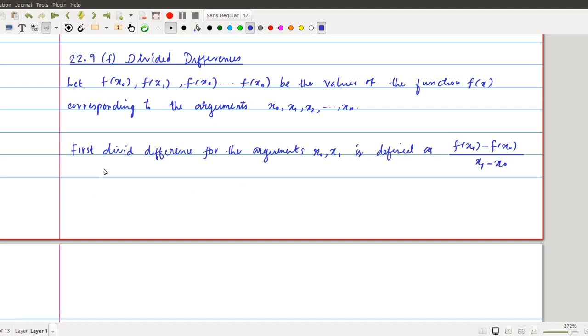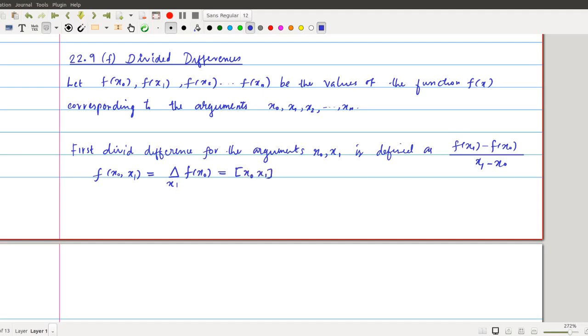So this is denoted by the symbol f of x naught comma x1, or you can use the symbol delta x1 f of x naught. Okay, so this is another symbol for this divided difference, or you can use x naught x1.